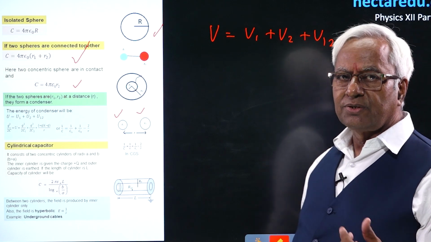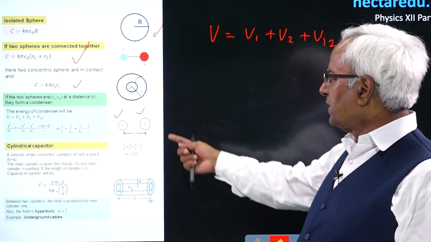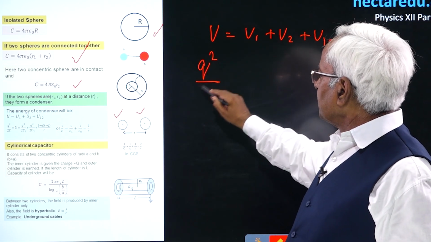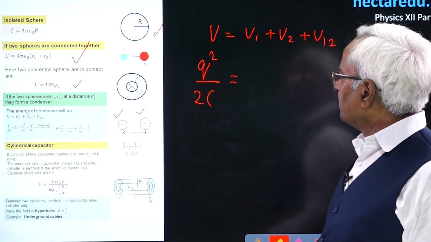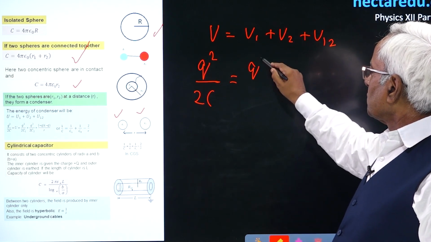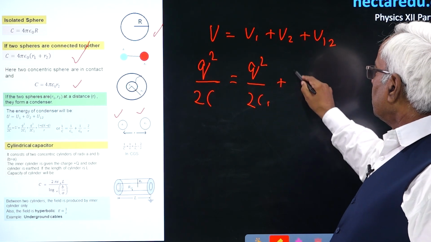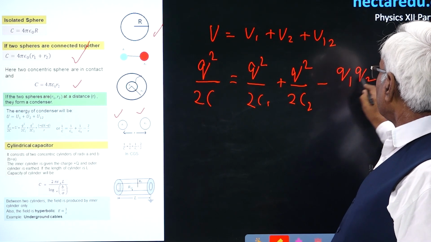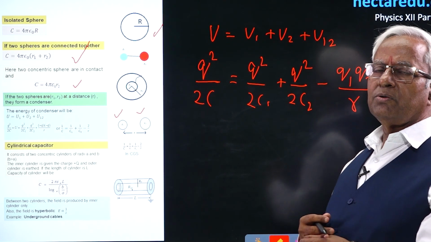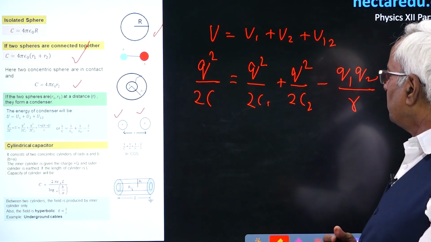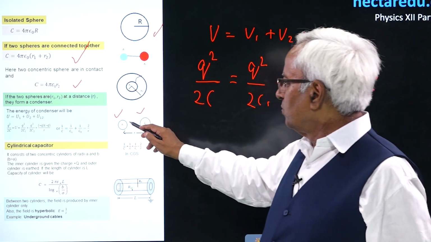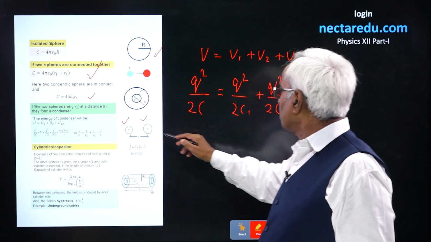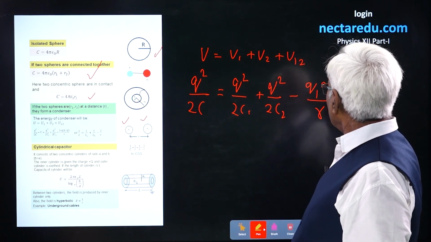then by virtue of being a system, they'll also have a term of potential energy that I am writing over here. Suppose the total capacity comes out to be C, then in that case it is Q square upon 2C, Q square upon 2C1, then Q square upon 2C2, and this is going to be Q1 Q2 upon R. We are talking about the whole thing in terms of the CGS system only, and whenever this sphere is charged plus Q, here it will be minus Q, and both these Q are equal.